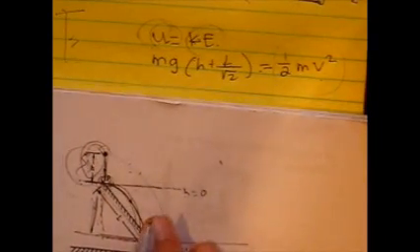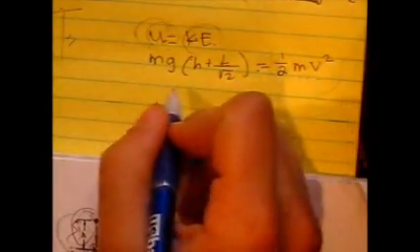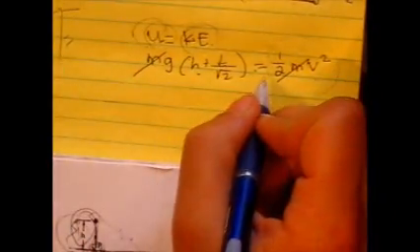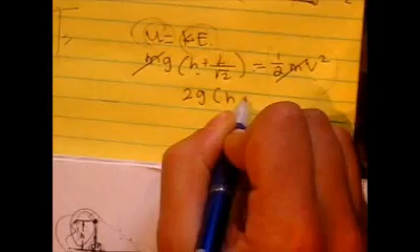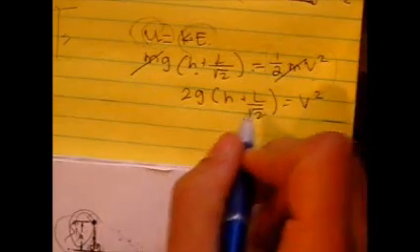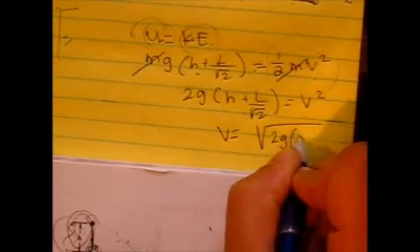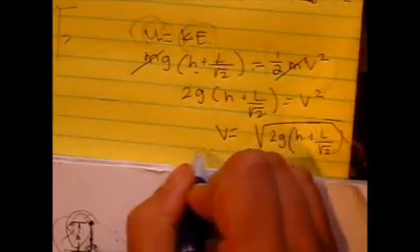Gravity just acts on it, and there's just kinetic energy in that one expression. So let's solve for v now. We can cancel out an m and multiply by 2. So 2g times h plus L over rad 2 equals v squared, and v is just going to equal the square root of 2g times h plus L over rad 2. And that's your velocity at P2.